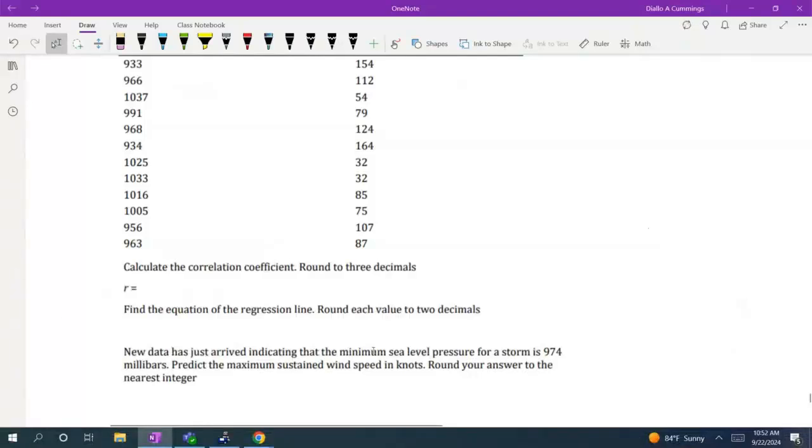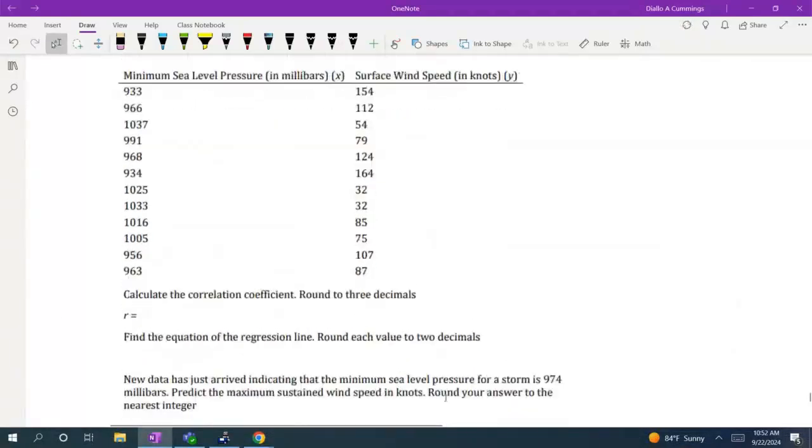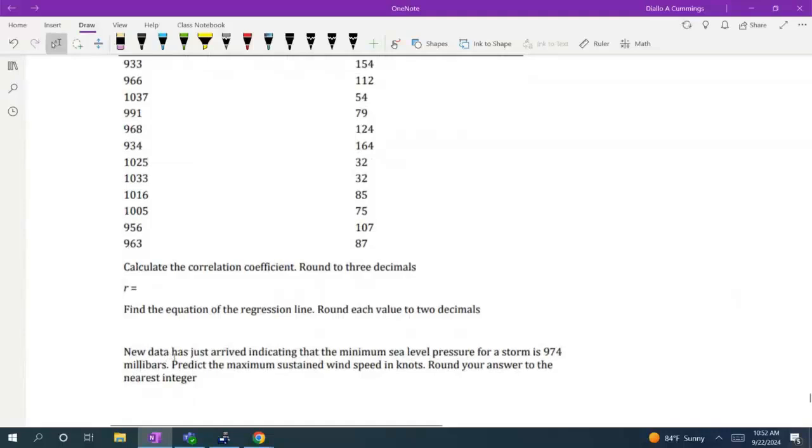So we're going to have to find the R value, the regression equation, and we're asked the last question. The new data has arrived indicating that the minimum sea level pressure for a storm is 974 millibars. Predict the maximum sustained wind speed in knots and round to the nearest integer.